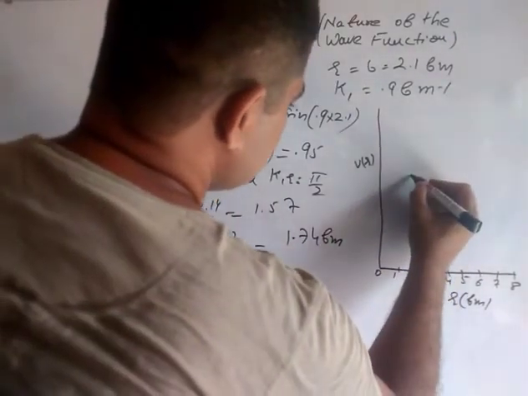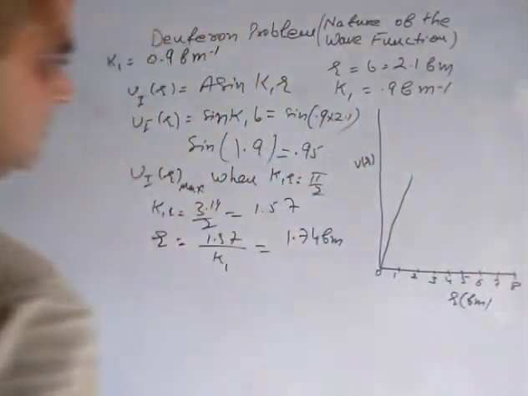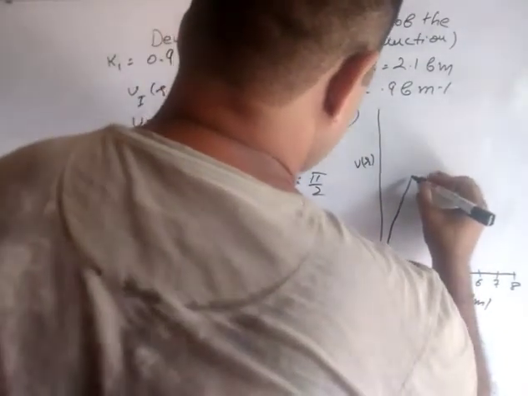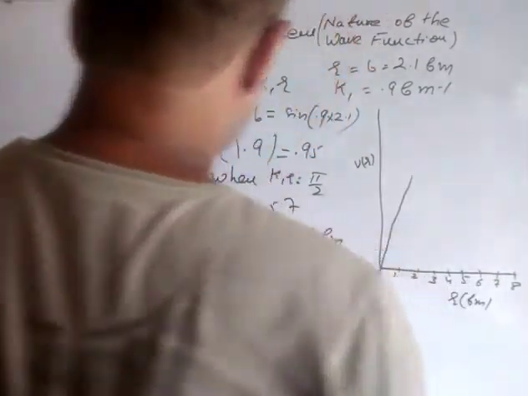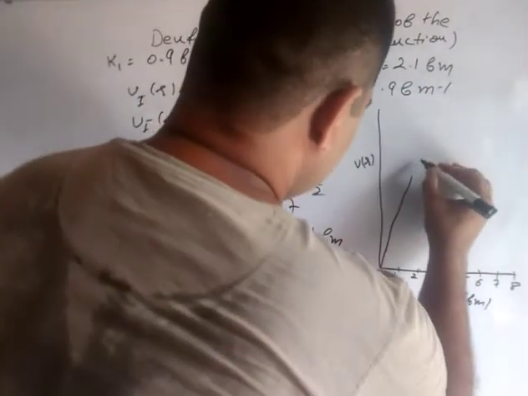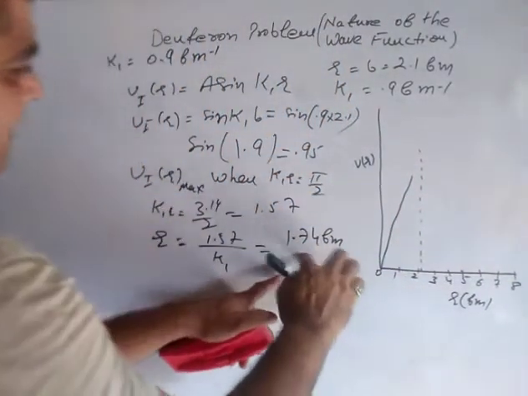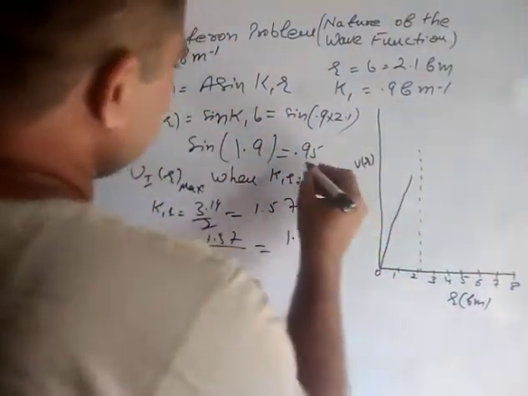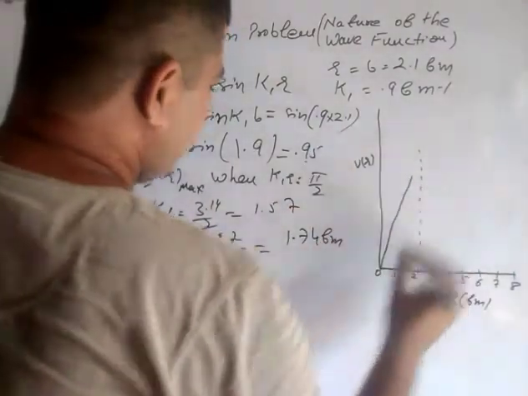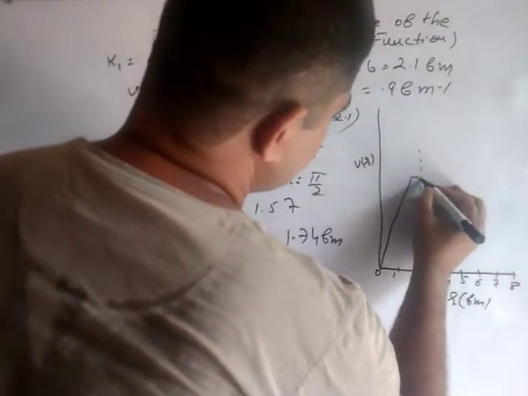Suppose this is the maximum value, so the wave function goes like this, and this point is where it is maximum, r equal to 1.74. Now this point is 2.1 femtometer. At 2.1, the wave function gets to 0.95, which means if at 1.74 it is 100%, there is a 5% fall.